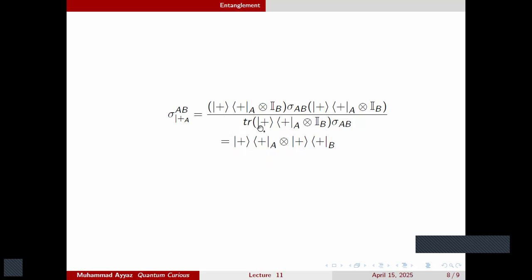So, for example, if we get the outcome plus for A, then we are going to have the plus state for B. So both outcomes are correlated with each other, and this is the beauty of entanglement.